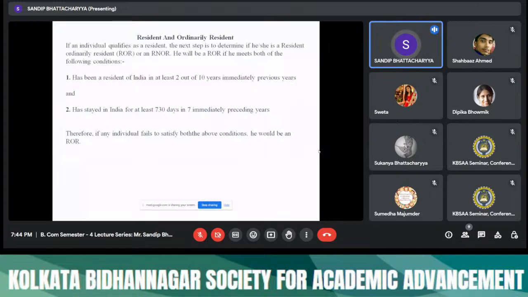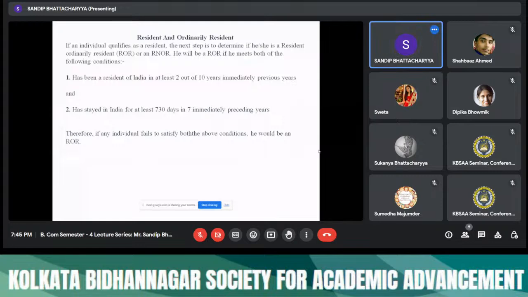What is that additional condition? That is, he should have been resident in at least 2 previous years out of the 10 years immediately preceding the previous year. So what does it mean? Your financial year or previous year is 22-23. So apart from 22-23, in the last 10 previous years, you should have been considered as a resident.